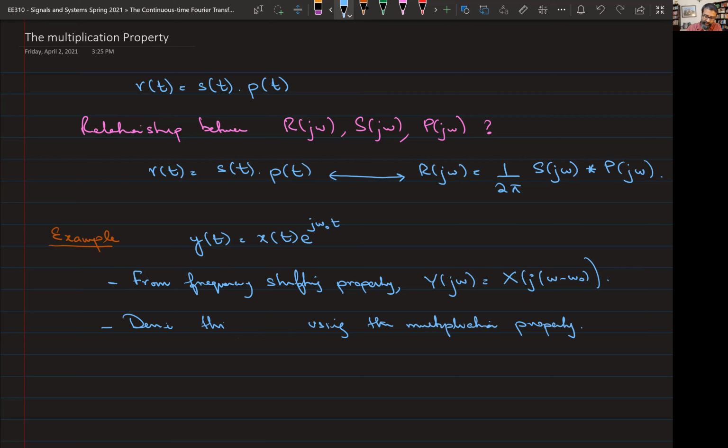Right, that's pretty straightforward. I have x of t times e raised to power j omega naught t. If I compute the Fourier transform for that, from the multiplication property, this is going to be equal to 1 upon 2 pi, X of j omega convolved with the Fourier transform of e raised to power j omega naught t.